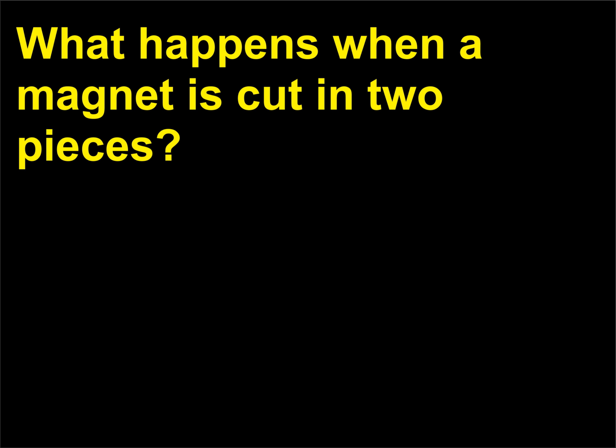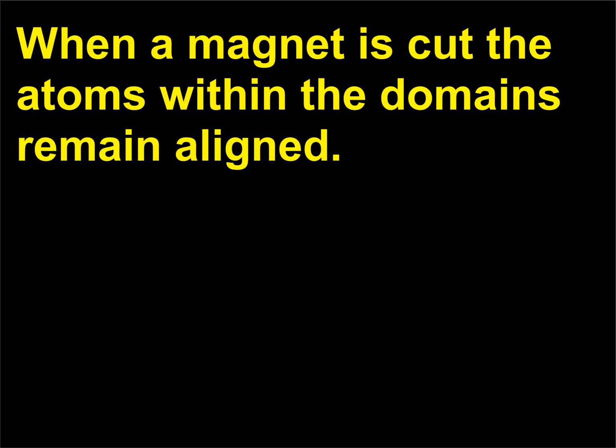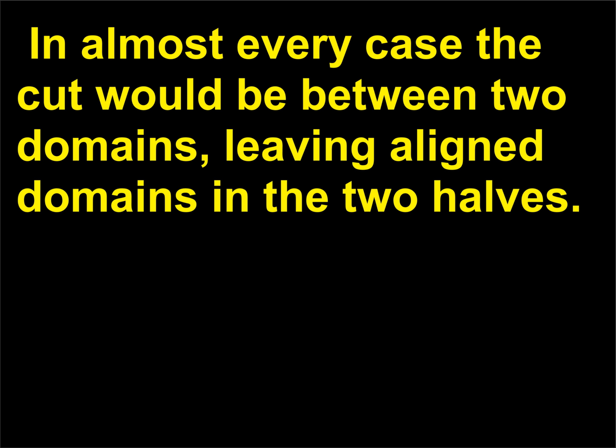What happens when a magnet is cut in two pieces? When a magnet is cut, the atoms within the domains remain aligned. In almost every case, the cut would be between two domains, leaving aligned domains in the two halves.